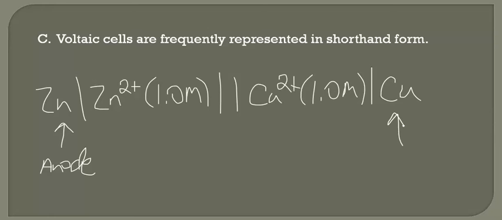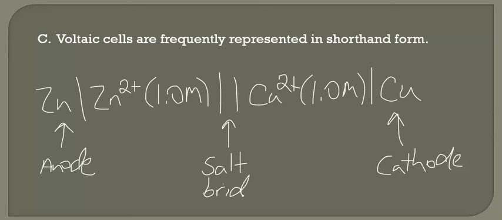Here's the cathode, where reduction occurs. Here in the middle is the salt bridge, which is that glass tube filled with salt that maintains charge balance. And then we have our solutions right here that are in contact with the salt bridge. So that's shorthand form for a spontaneous cell, a voltaic cell.